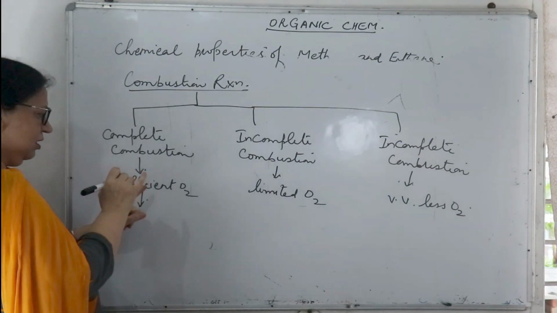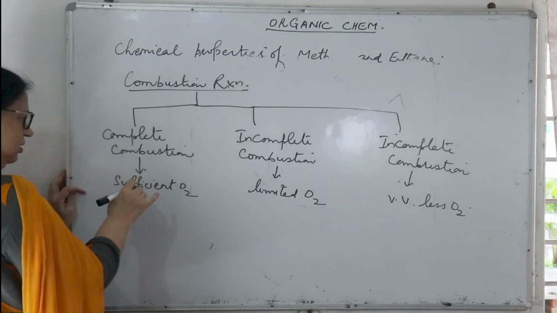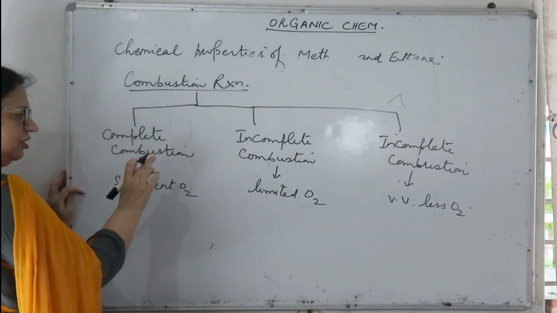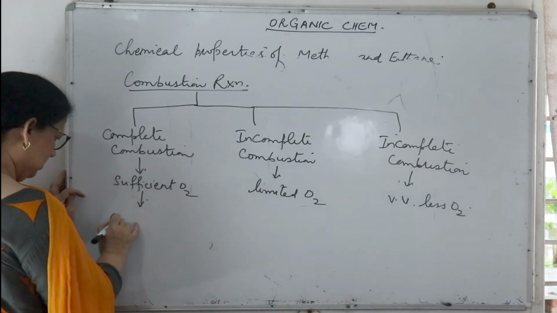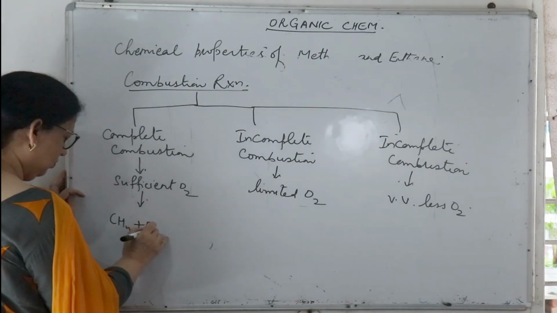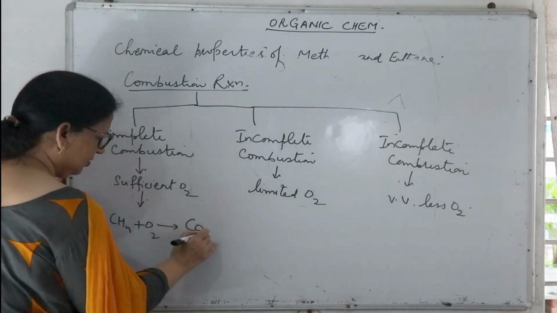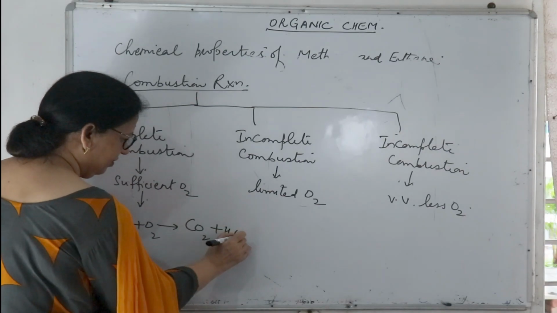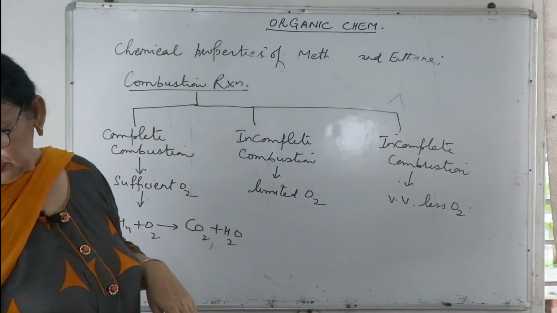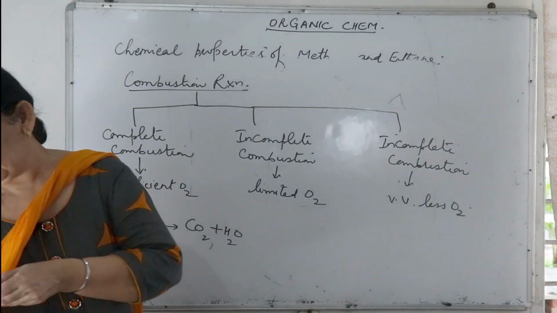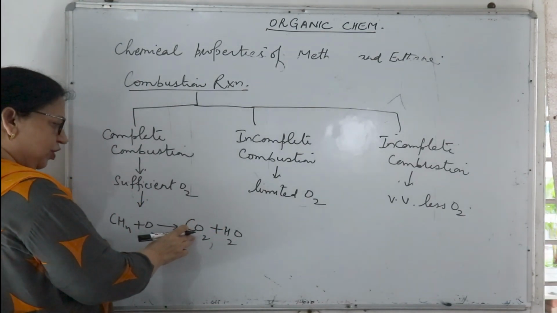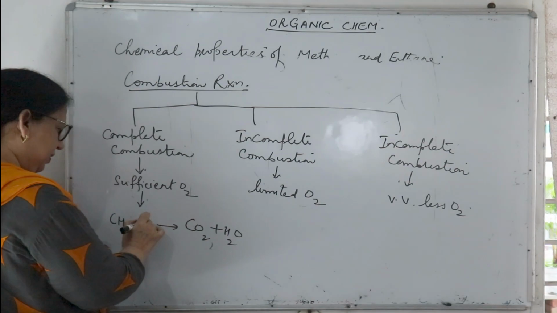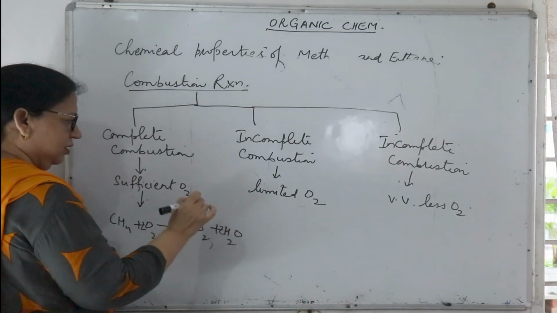When methane combines with oxygen and complete combustion occurs, meaning sufficient oxygen, then CH4 plus O2 will give CO2 plus water vapors. So the product is carbon dioxide plus water.